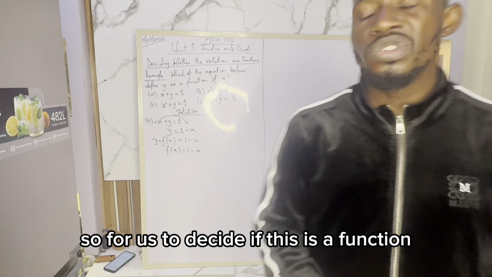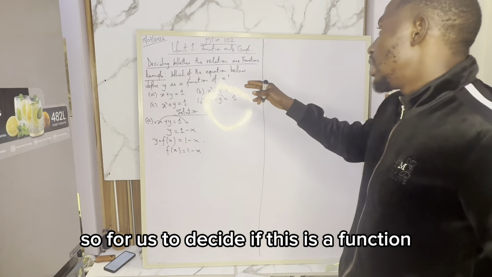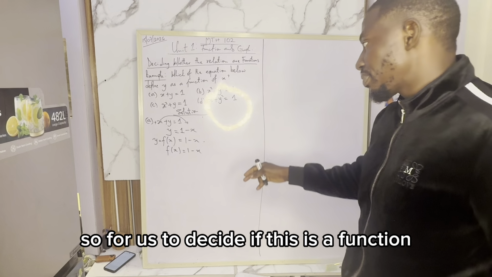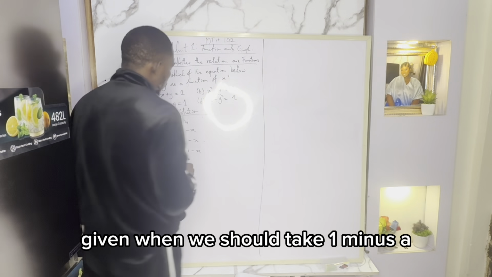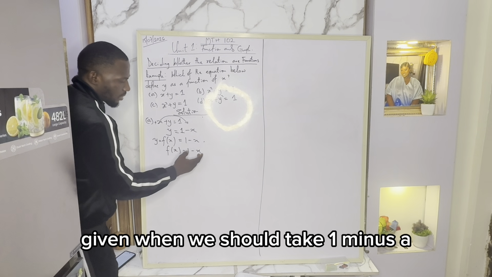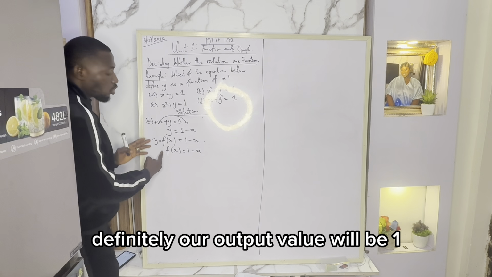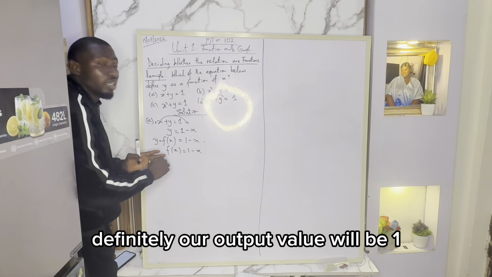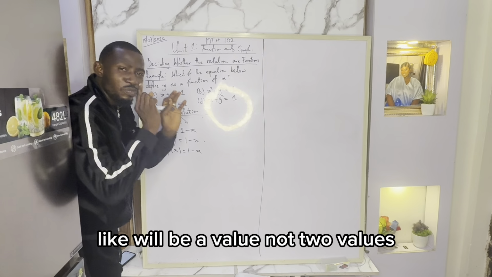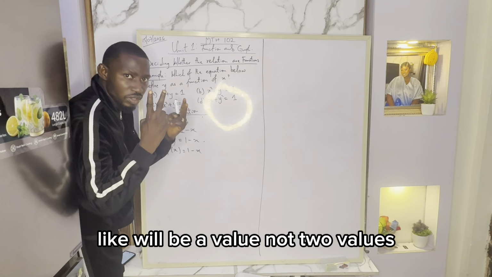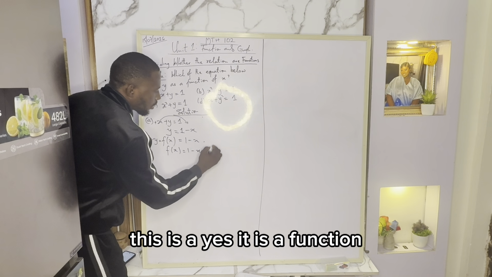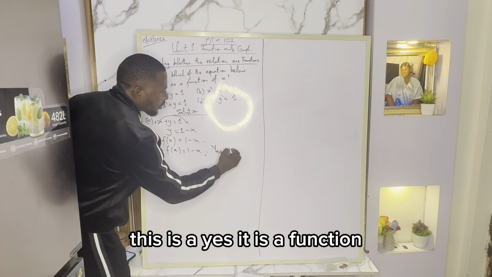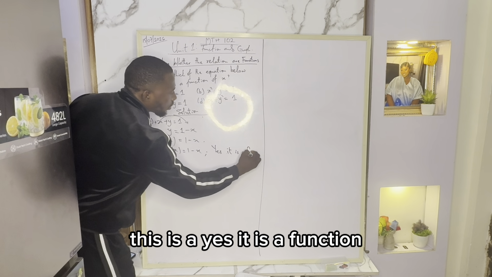So for us to decide if this is a function, we're going to look at the equation given. When we take 1 minus x, definitely our output value will be a value, not two values. It should be a value. Definitely, yes, it is a function.